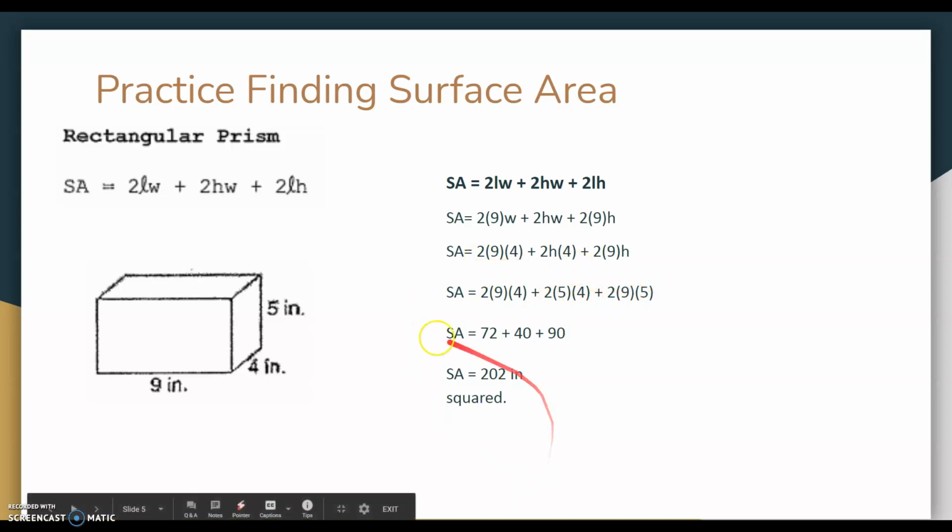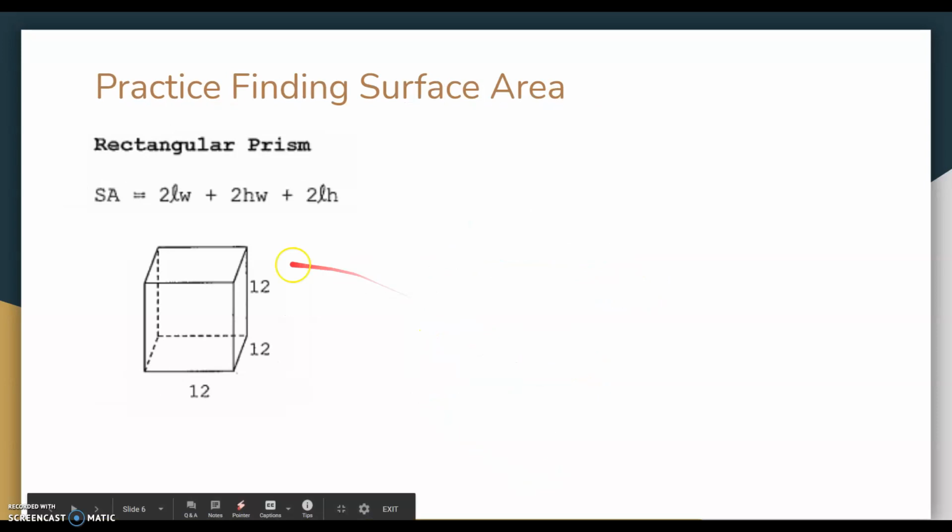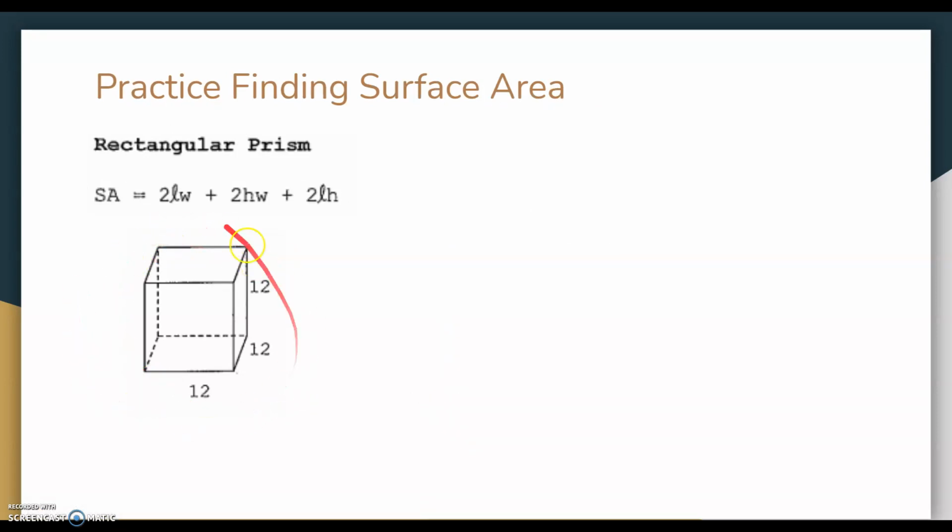Okay. Alright, so now let's move on to a different rectangular prism, and this is what we call a cube because all of our faces are squares, and if you notice, all of our measurements are the same as well. So if I wanted to find the surface area of this cube, it's actually a little bit easier since all of our measurements are 12. So once again, start with your formula.